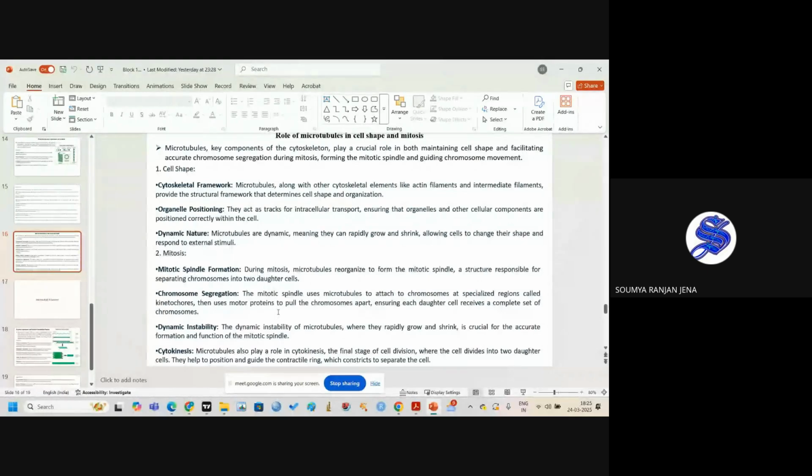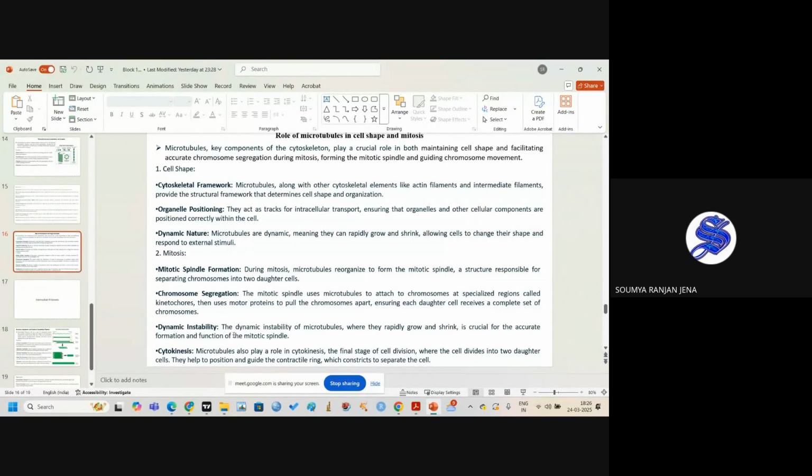And for this chromosome segregation, the mitotic spindle uses microtubules to attach to the chromosomes at a specialized region called the kinetochore, and then uses motor proteins, that is kinesin and dynein, to pull the chromosomes apart, ensuring each daughter cell receives a complete set of chromosomes.